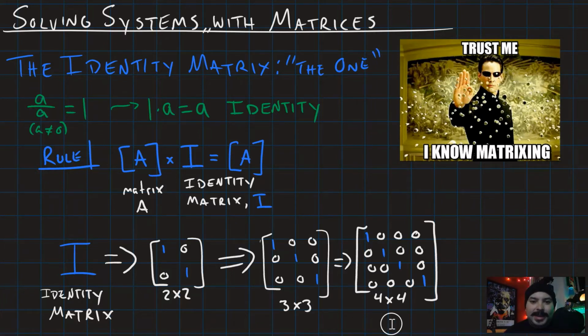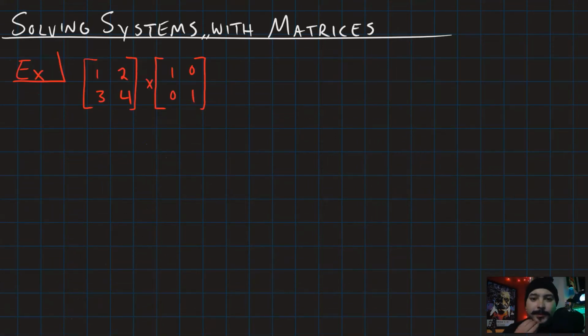So let's see how the identity matrix actually works to keep your matrix the same even when you multiply by it. For this example, I'll be multiplying the 2 by 2 matrix 1, 2, 3, 4 by the identity matrix 1, 0, 0, 1.